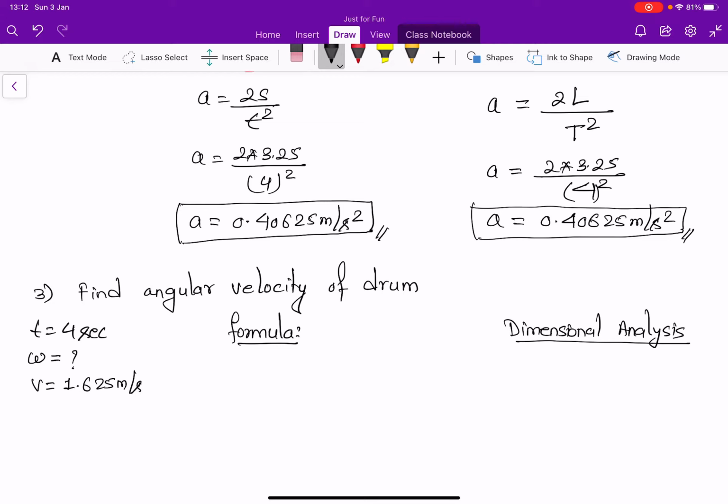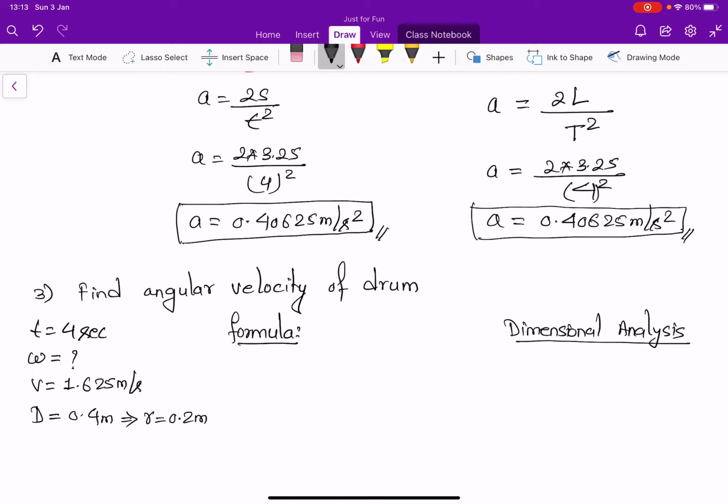And then we need the diameter of the drum, because we are looking at the drum, which is 0.4 meter. The diameter gives us the radius, r, which is basically half of the diameter, so 0.2 meter. Once we have all this information, we should be able to calculate our angular velocity.